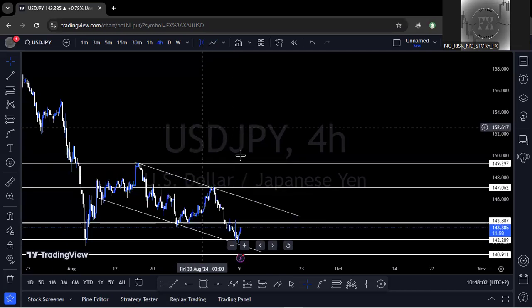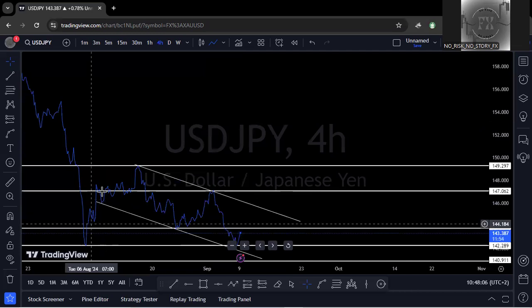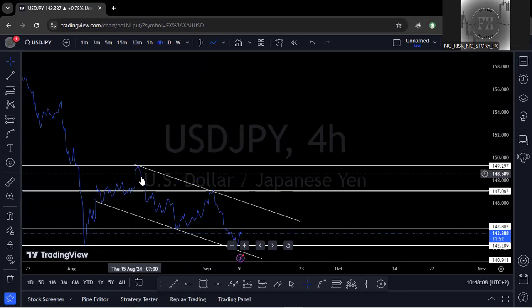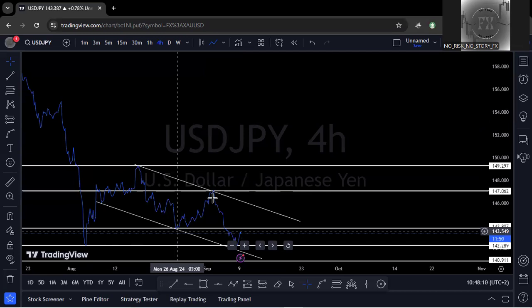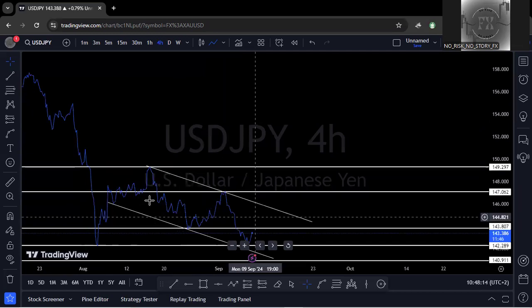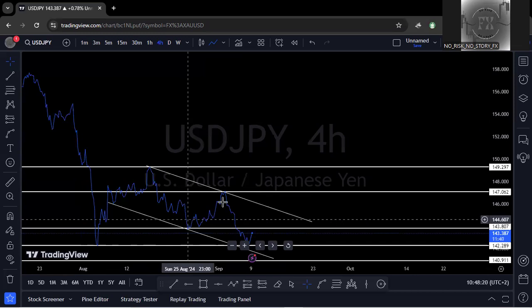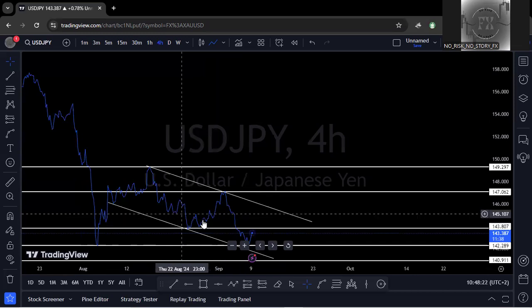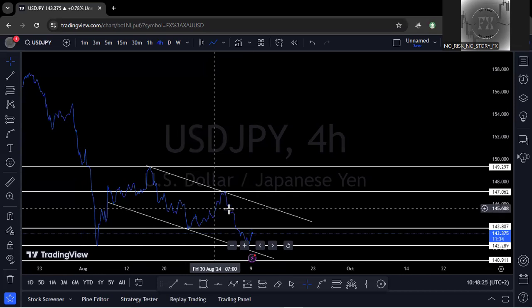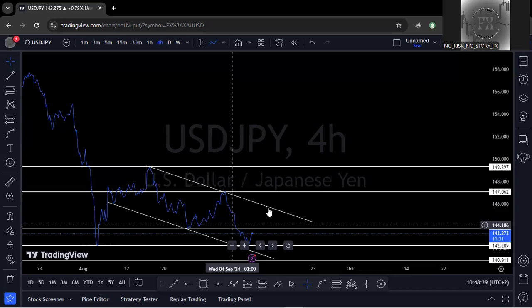The market was bullish around this area, then went bearish, then bullish, then bearish. But you can see that the sellers in this market are mostly in power compared to the buyers. The buyers are just the correction moves, and the impulsive moves are the sellers.